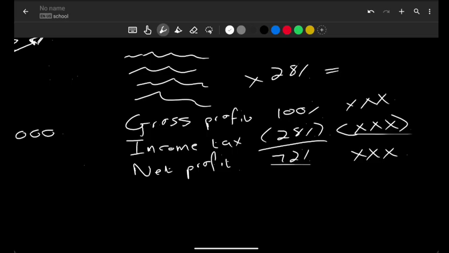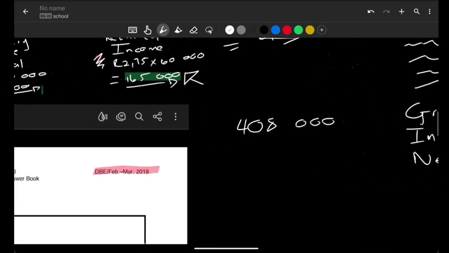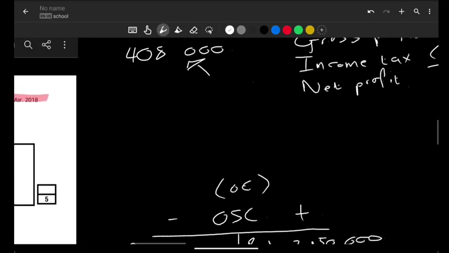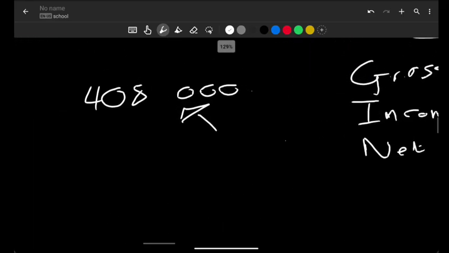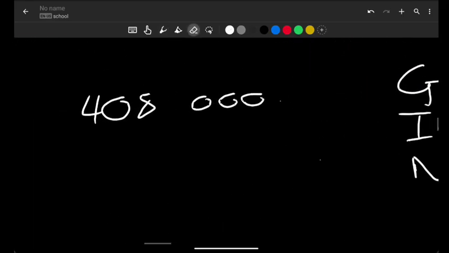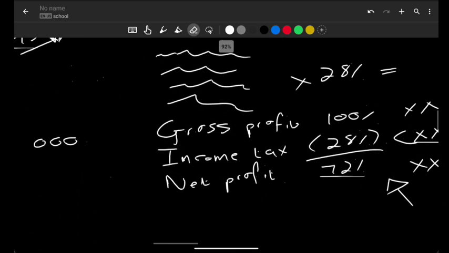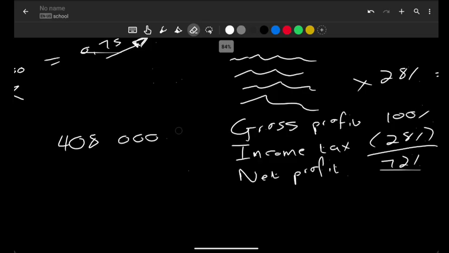But now, how does this relate to us getting net profit using the income tax? I'll show you, right? As we agreed, income tax is 28%.